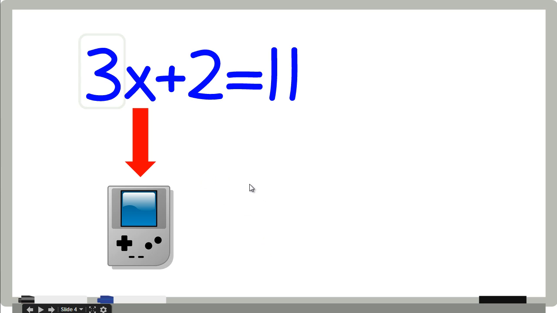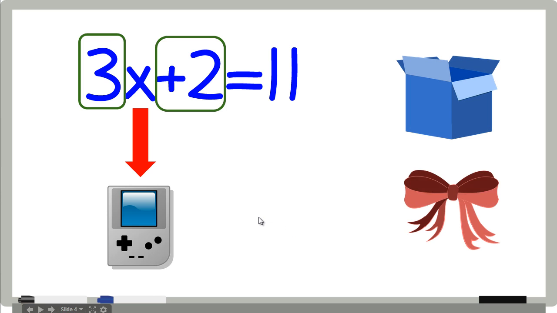So that's where the 3 that's getting multiplied by x and the 2 that's getting added come in. Those are like the box and the bow on the box that are wrapping up the present. They're getting attached to it. The present is going inside of there and they're getting wrapped around it. And so as I mentioned before, our goal is to figure out how to unwrap the present, how to get rid of the 2, get rid of the 3, so that the x is by itself and we've got our toy, we've got our present from inside of the box. And so that's the approach we're going to take.